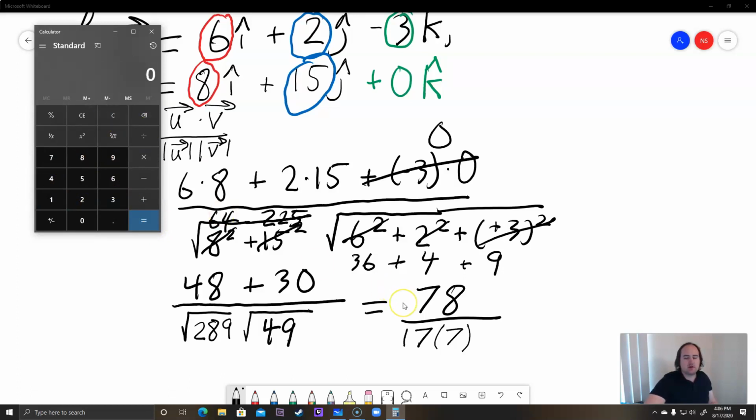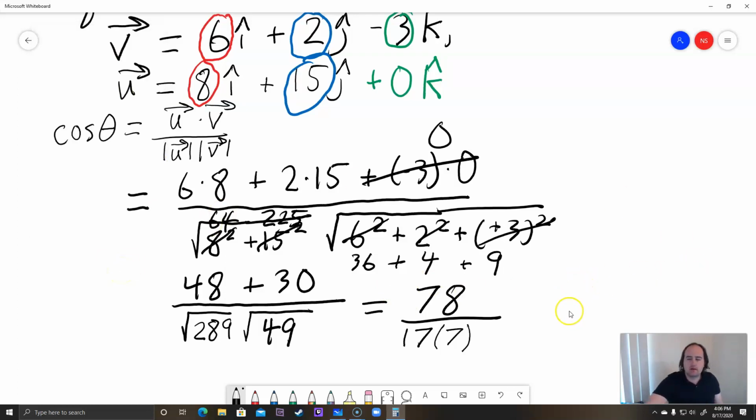So that means there are no common factors there. So we can go ahead and just do 17 times 7, which gives us 119 on the bottom. Okay, so on the bottom there, we've got 119. Okay, so we have 78 over 119.